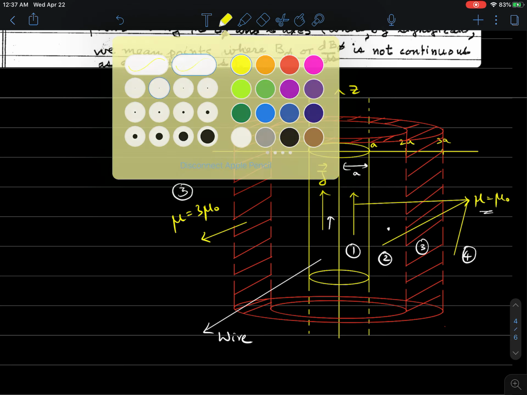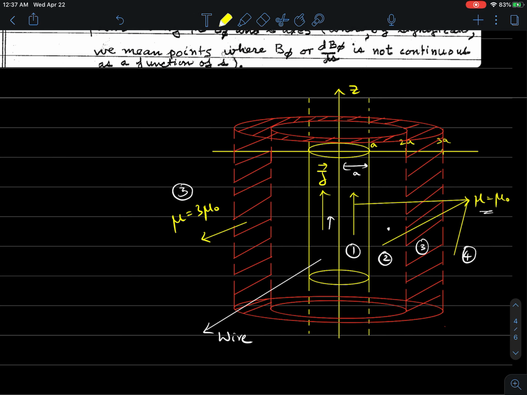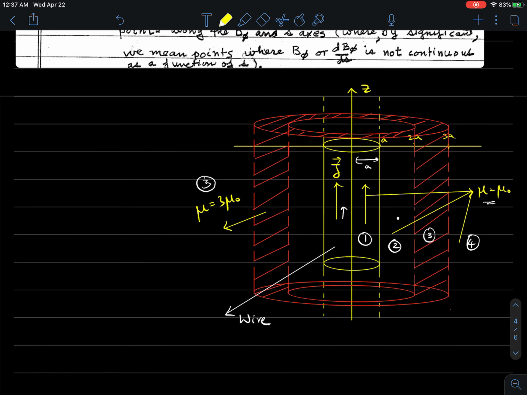Now to find the magnetic field intensity, we know Ampere's law. Ampere's law states that the integral of H dot dl over a closed path is equal to the enclosed current.